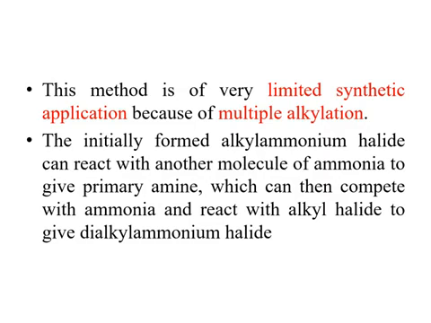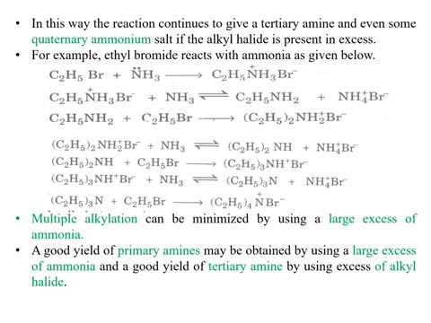So the product from ammonia will be a primary amine, the product from primary alkyl ammonium halide will be a secondary amine, and from dialkyl ammonium halide will be tertiary amines. So in this case we are not able to get a pure product. We need a large exercise to get a purified single product. In this way, the reaction continues to give a tertiary amine and even some quaternary ammonium salts.